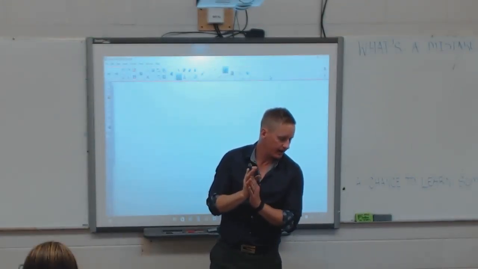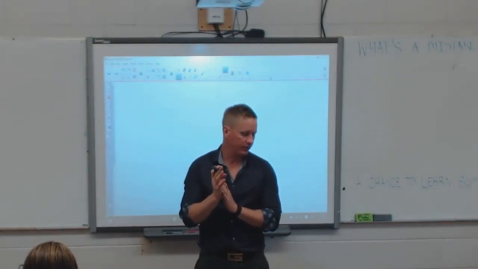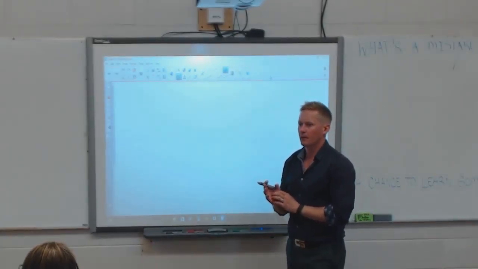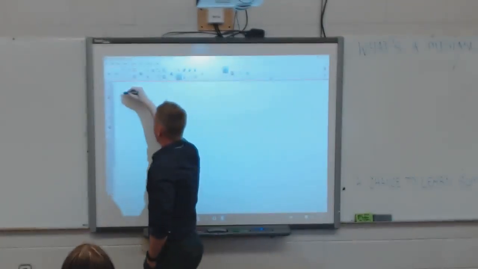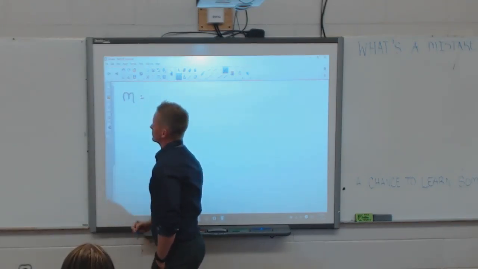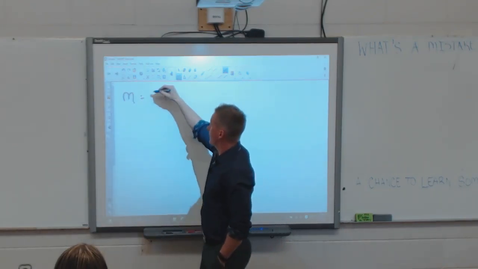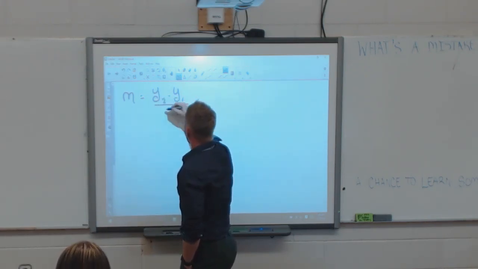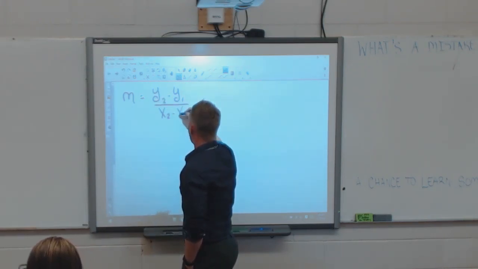I'm going to go back and do that 7-3, and I'm going to take a different approach to see if it makes a little more sense today. Okay, so the first thing I'm going to start with is the slope of any line can be found by taking y2 minus y1 over x2 minus x1.